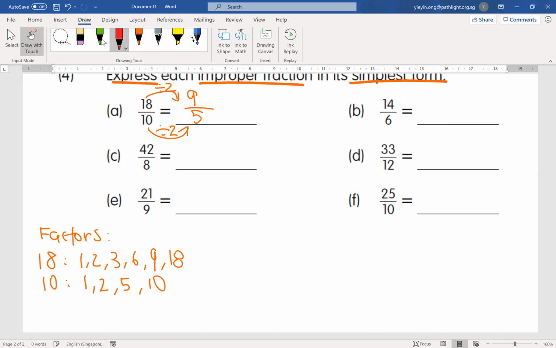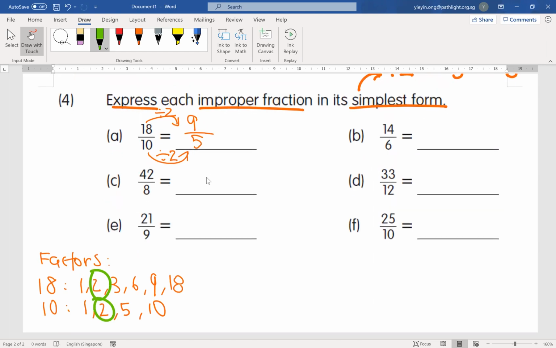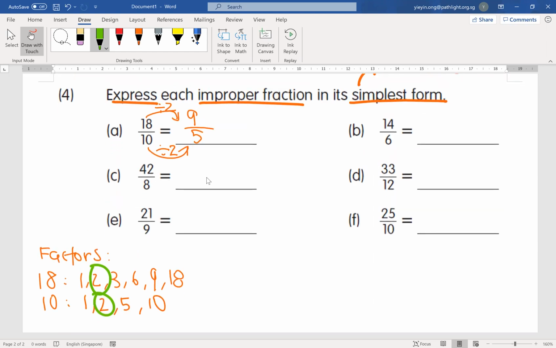So you find the greatest common factor in this case is 2. So we have already divided by 2. You will get the same answer. Okay. Same for B, C, D, E, and F. You have to divide by 2, 3, or 5. Or you can find the greatest common factor to divide. Okay, please don't forget to draw your arrows.